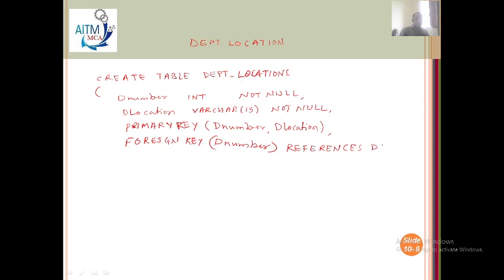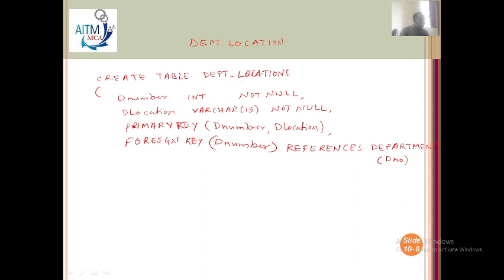So it is referencing the department. There, DNO, department number, is a primary key in that department. Hence it is referencing that. Got it?